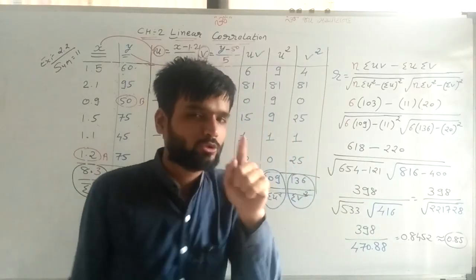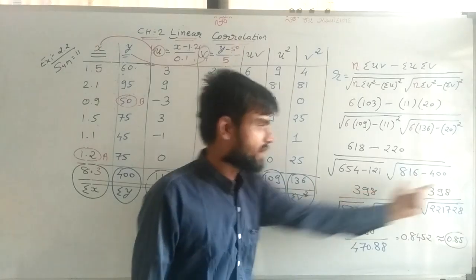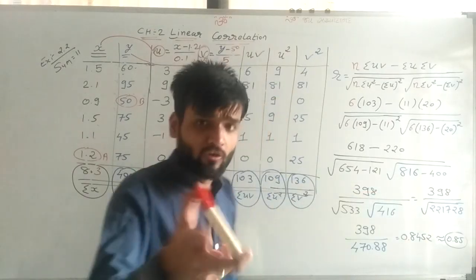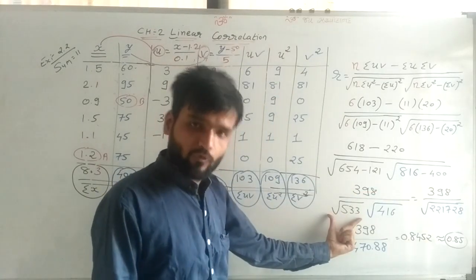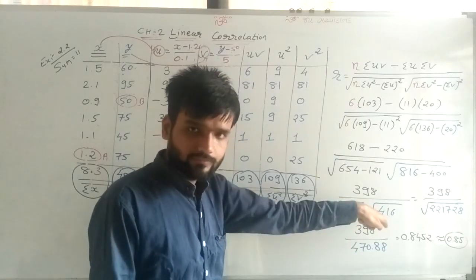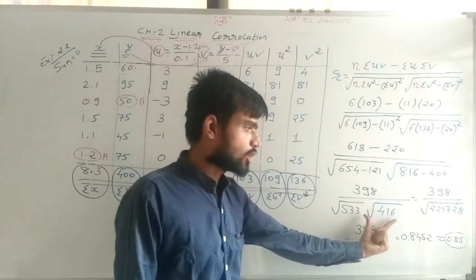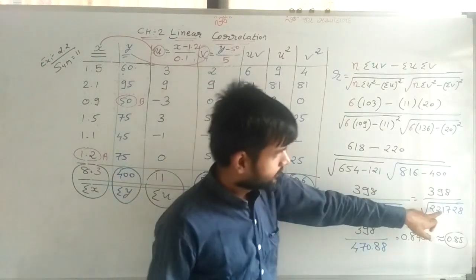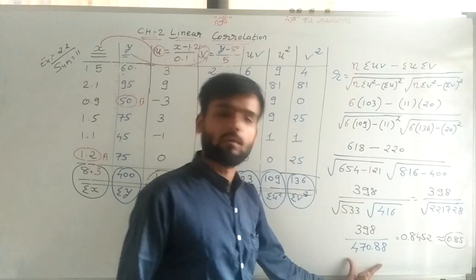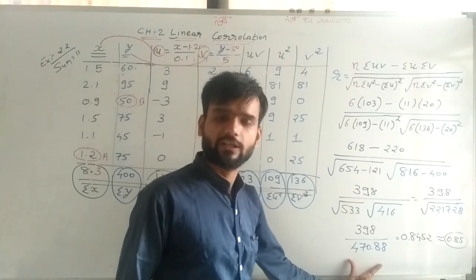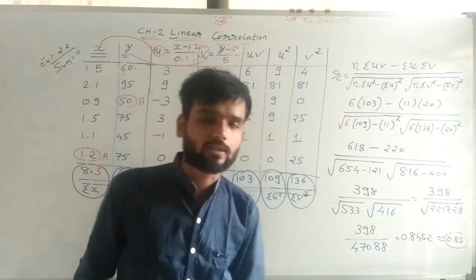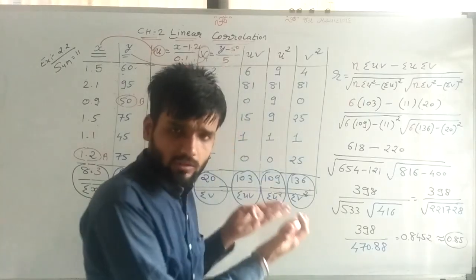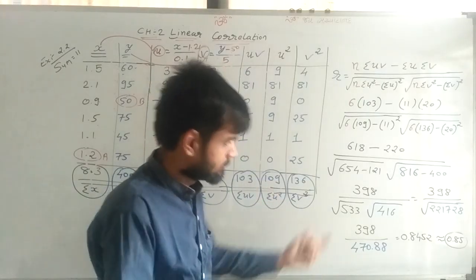First method: keep the numerator the same, find the root of 533 and write it, then find the root of 416 and write it. The multiplication of both must be 470.88. This is the first method. Now the second method, which Kamal sir has done.